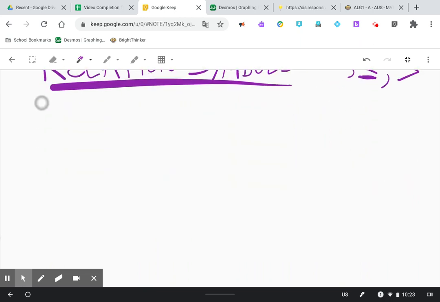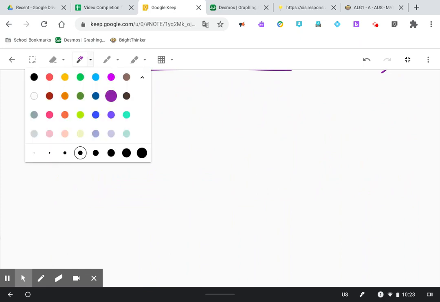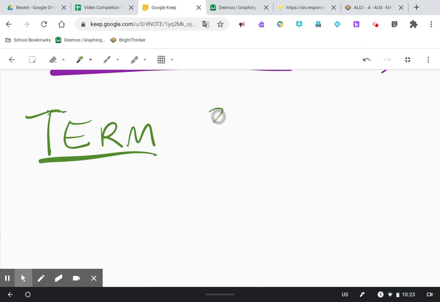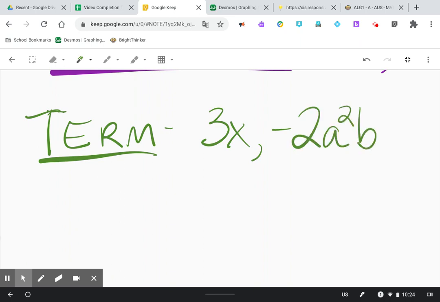Now, when we start working in algebra, you're going to start to see this concept of terms. A term is any combination of constants and variables. So a term in algebra is like 3x or negative 2a squared b.